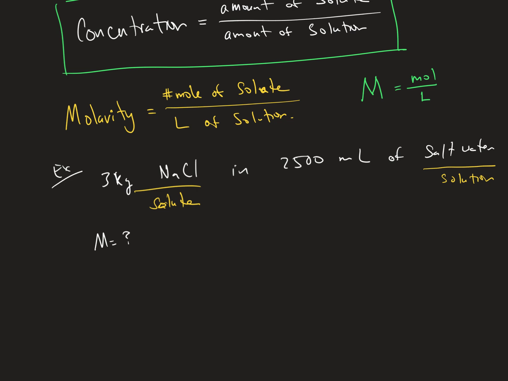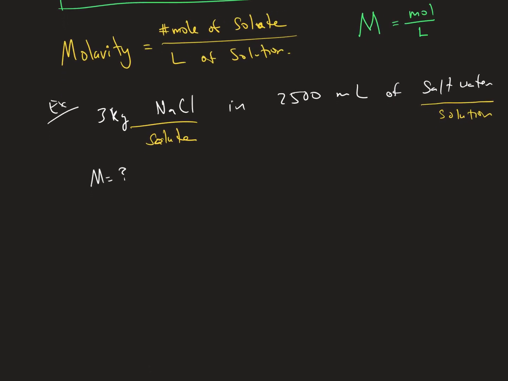So where do you want to start? We can do this a few different ways. I'm going to show you the simple, that's the more work way first. The way people think about it originally. When I say people, I mean the majority of the time, okay? So we can convert 3 kilograms of salt, NaCl, into what?